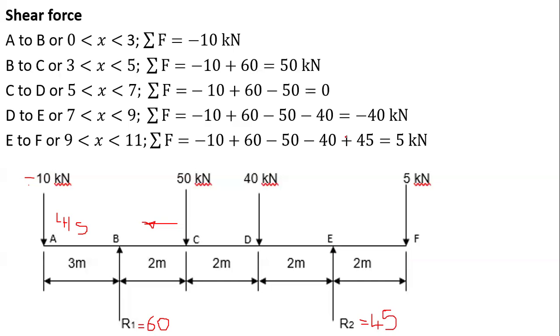I'll just add it to the list. The rest, I will reproduce the way they were, but I include the newcomer. So I have negative 10, positive 60, which is this one, negative 50, negative 40, with now the new entry, which is positive 45.